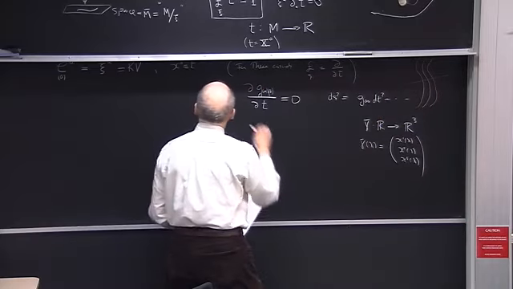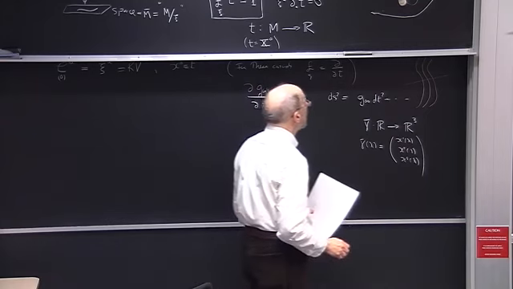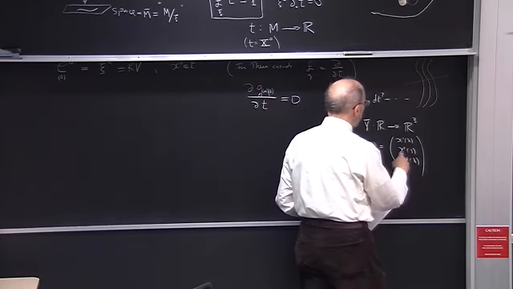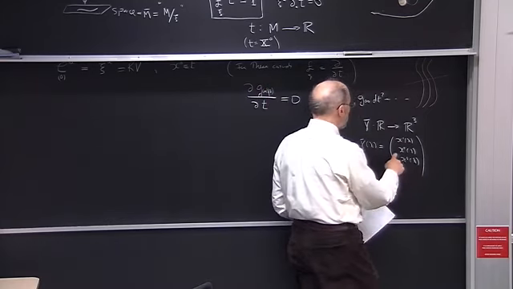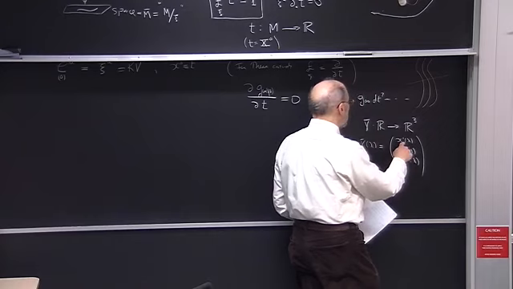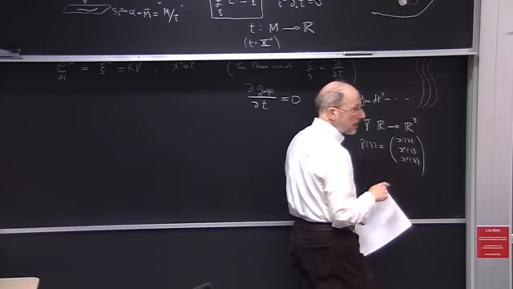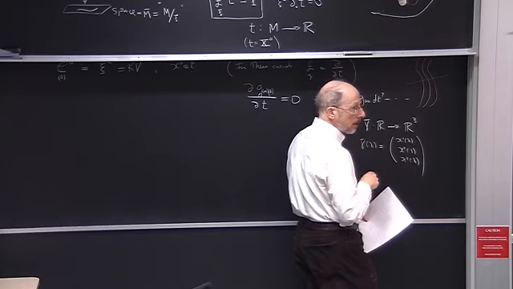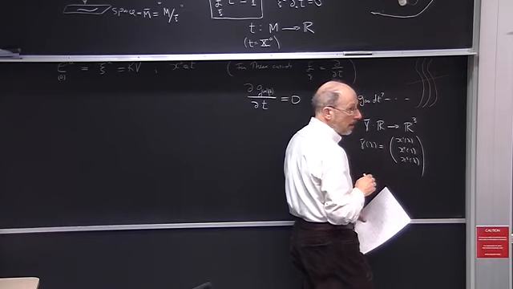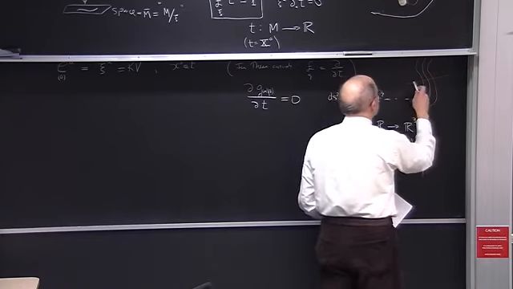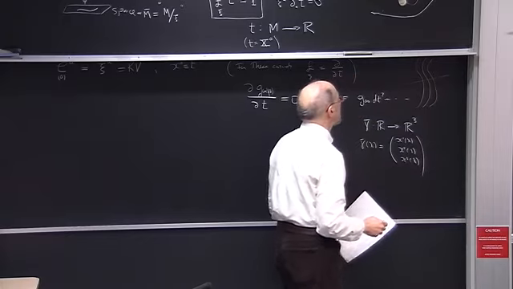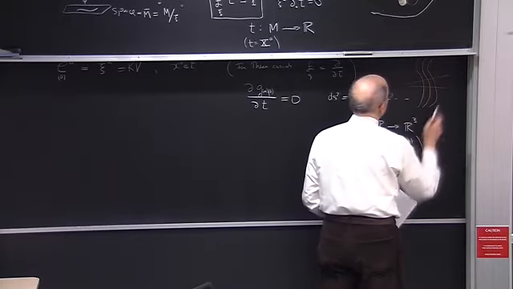But this whole construction is not forcing us to do that. That would be saying to each value of x1, x2, and x3, associate a particular t. That would be how you would get a slice. Once you've done that, you can think of this space as living in that slice, but you could just as well take another slice.